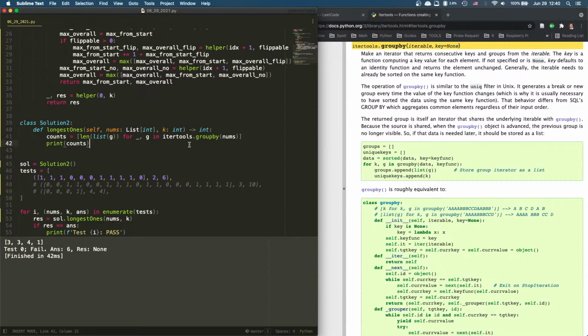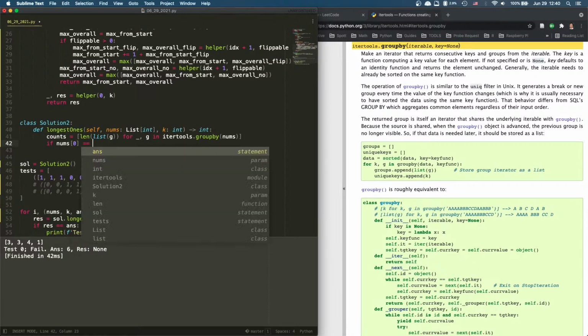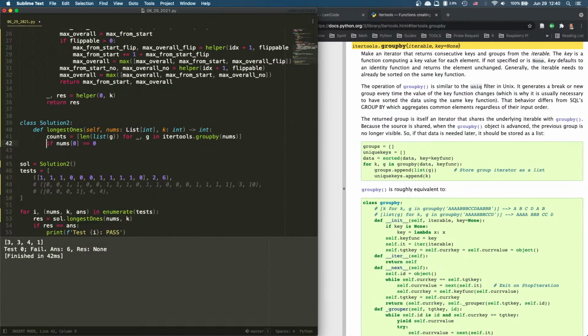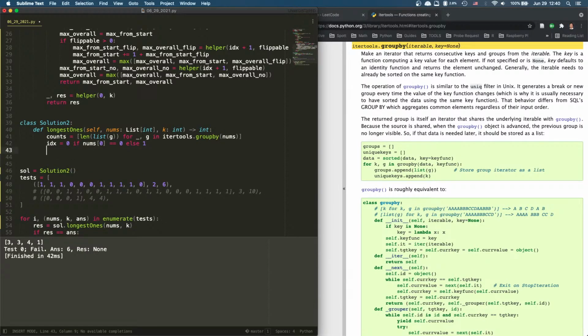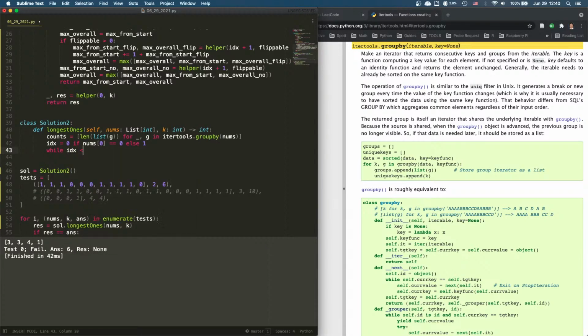Okay, so now we're going to iterate through the zeros, right? If nums[0] is a 0, then index equals 0. This index can be in counts. If first is 0, else it's going to be 1, right? And then what we're going to do is iterate through and say while index is smaller than, what?